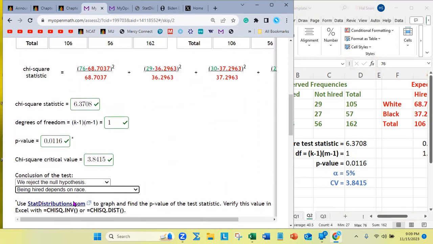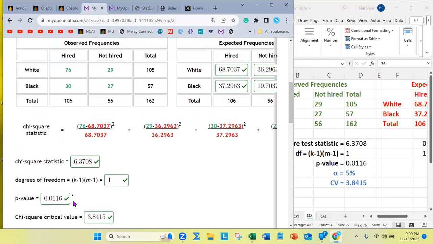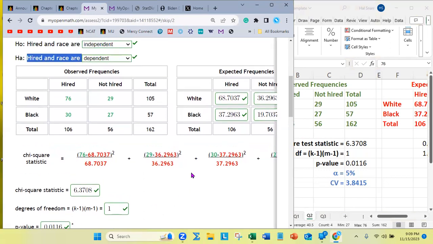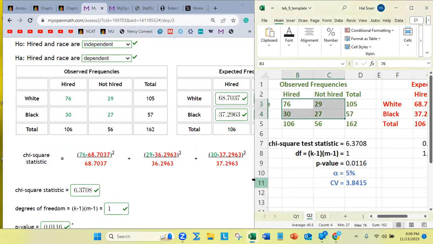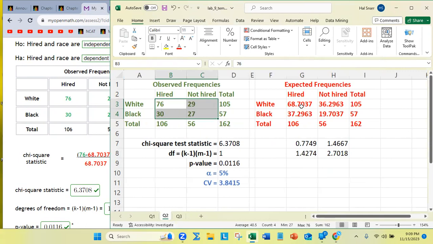We can say that. Now, here's why this is not necessarily a discrimination test. The reason it's not a discrimination test is that you could have a situation where the expected frequency of white was greater, or a situation, which is our case, where the expected frequency of white is less than what we observe in terms of white and hired.